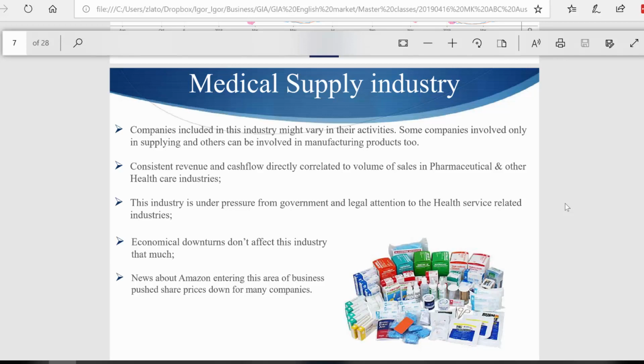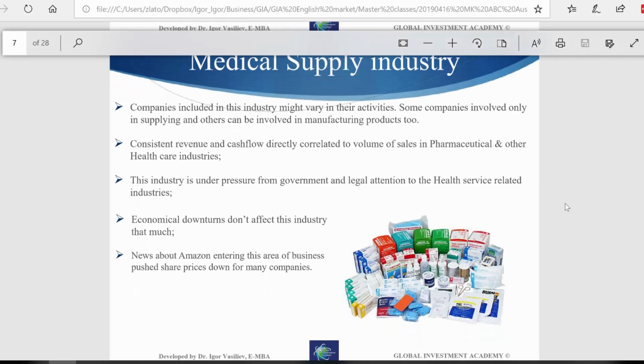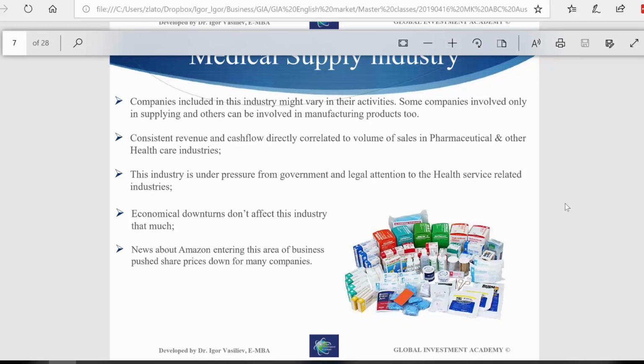I created companies in wholesale, in retail, in the educational field, as you know, and I am a part owner of different companies across the globe. I have some ownership in Europe, some in Russia, and some here in Australia. So I can share my experience, but I also always ask experts in those specific industries before I present this industry to you guys.